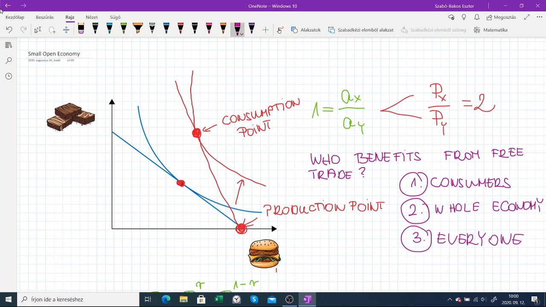Free trade is good for the consumers. There is an increase in the utility of the consumers. Free trade is good for the whole economy. There is an increase in the real GDP, and free trade is good for every single individual. There is an increase in their real wage. Free trade is good, period.